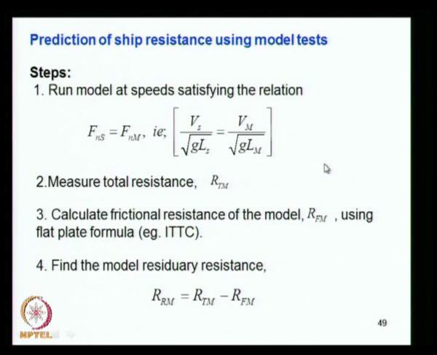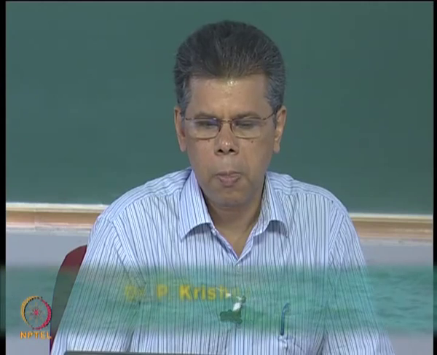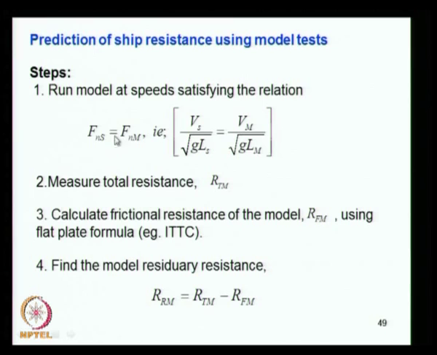So how do you predict the resistance using model test? You run the model at the speed satisfying the relation. We have already seen that the Froude number of the ship is equal to the Froude number of the model. So you satisfy that, and the relation is that you run the model at a speed equal to the ship speed divided by square root of lambda, the scale of the model.